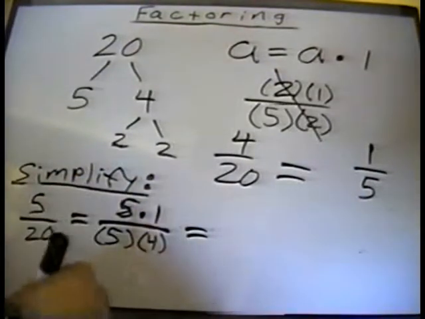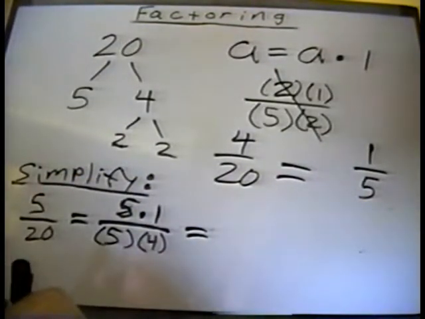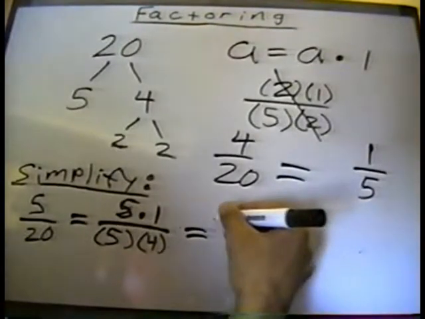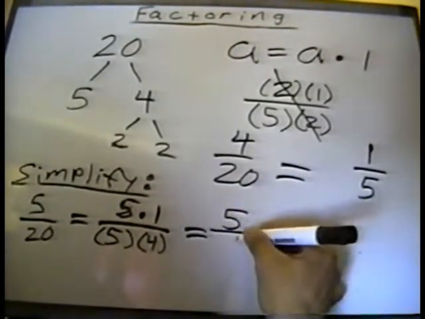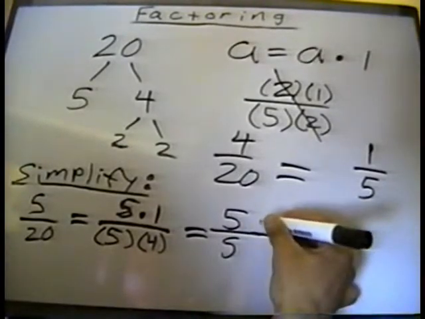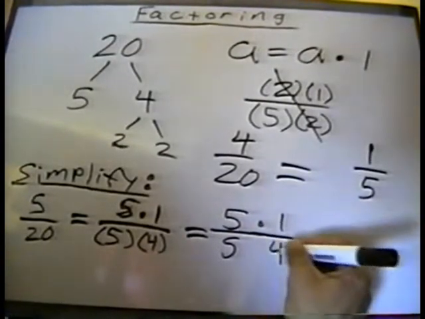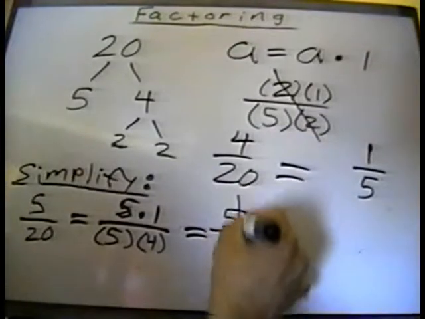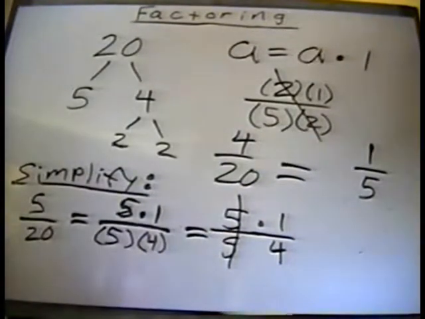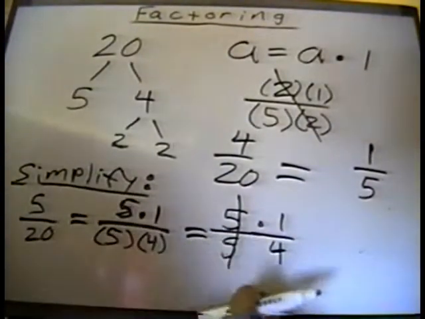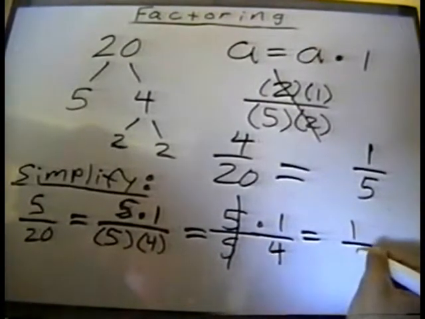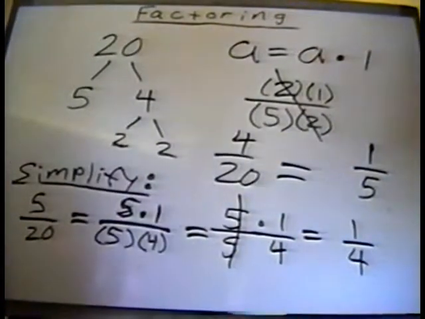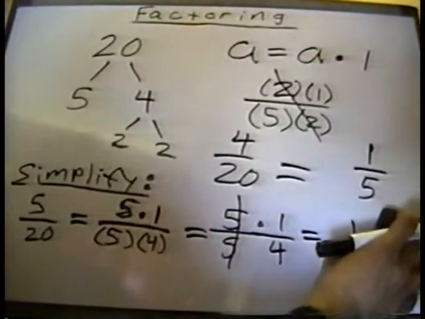That's when you know you can reduce or simplify the fraction. So we get 5 over 5 here. That 5 over 5 cancels out. It becomes 1. You end up with 1/4.